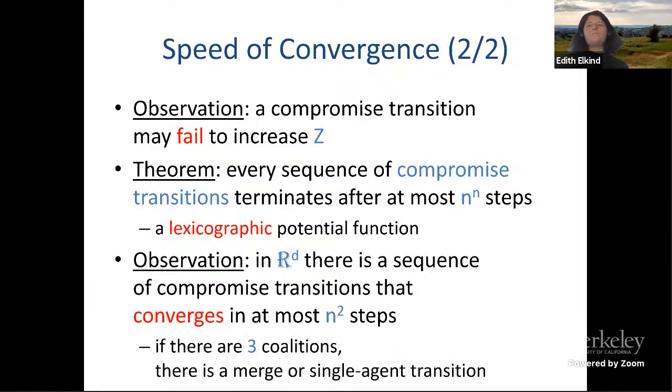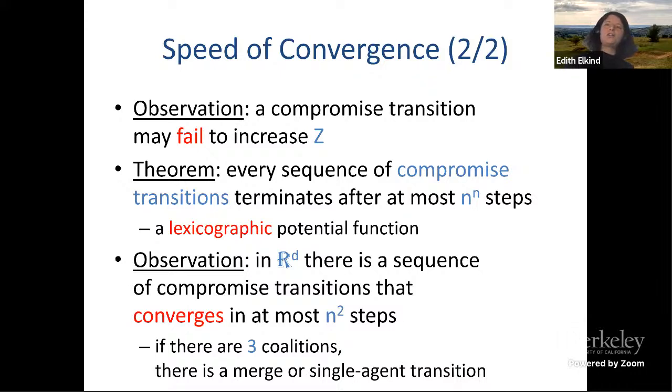This is because of the argument I showed you for 3 collisions. There was a single agent transition, which would be a change of position, that increased the potential. So as long as there are 3 collisions still present, there's a transition that increases this quadratic potential function.